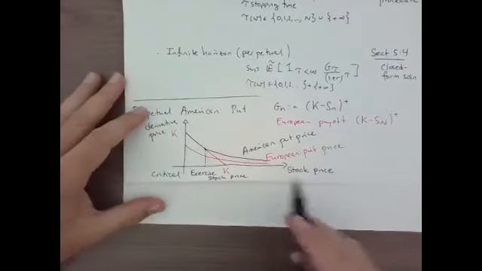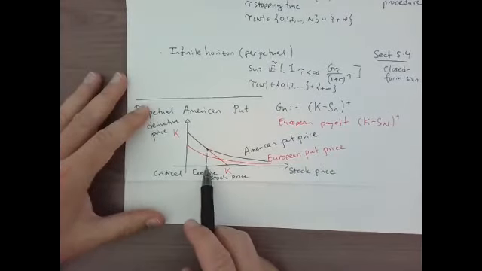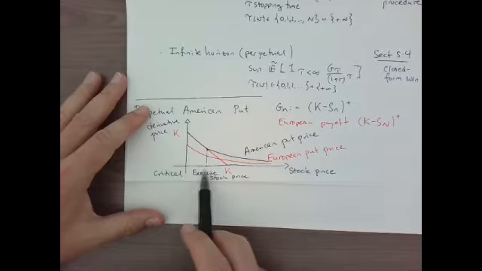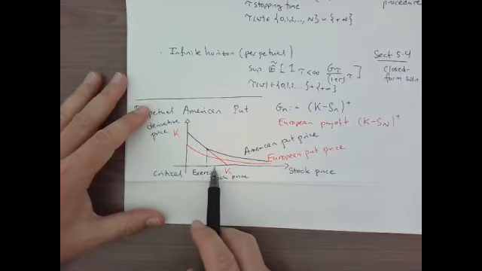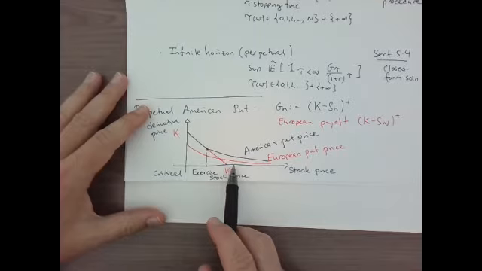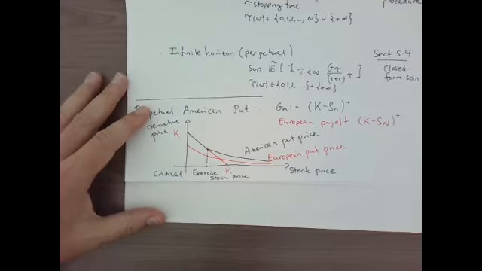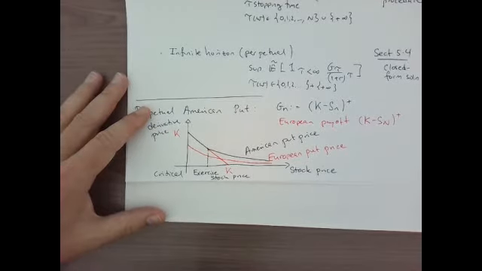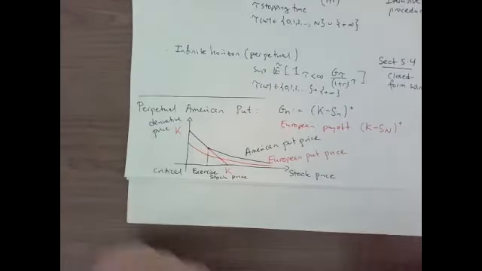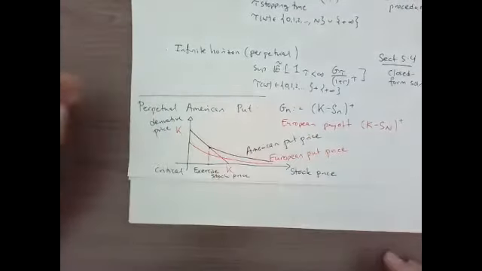In other words, when the stock falls below this level, when it moves down here, you exercise. And when you're above, you don't exercise. Okay, so this is a picture that's good to have in mind when we start doing the analysis.